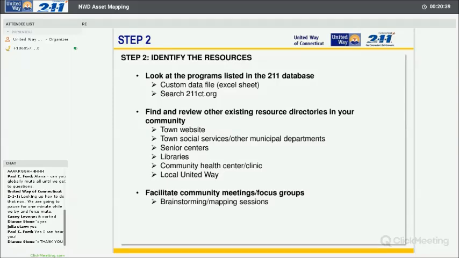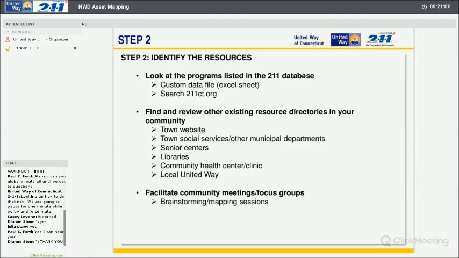And then there are other ways beyond the 211 database to find and review resources in your communities. One would be to look at other resource directories that might exist. Sometimes there are directories on town websites, town social service departments, or other municipal departments that keep their own inventories as well.